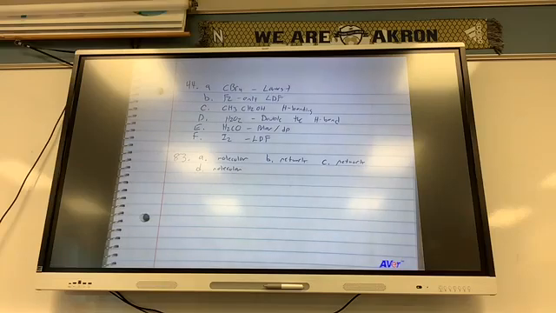Molecular solids are from 2 nonmetals. But so is silicon dioxide. Silicon is not a nonmetal. It's a metalloid. That's how you know.